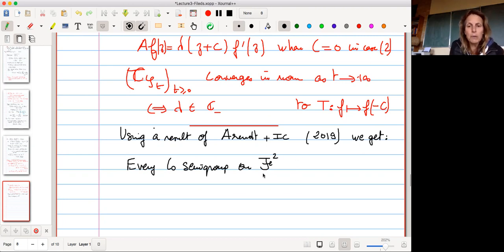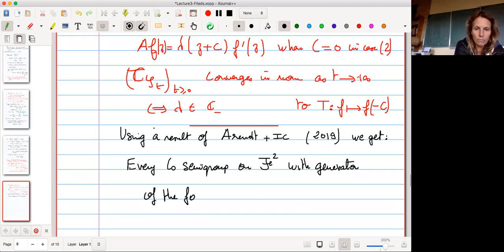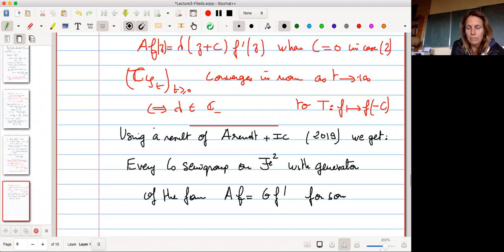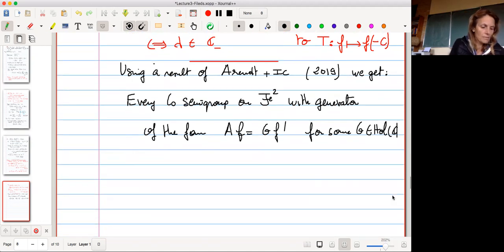So every C0 semigroup on F2 with a generator of the form Af equal to g f prime, for some entire function g, is automatically a semigroup of composition operators.